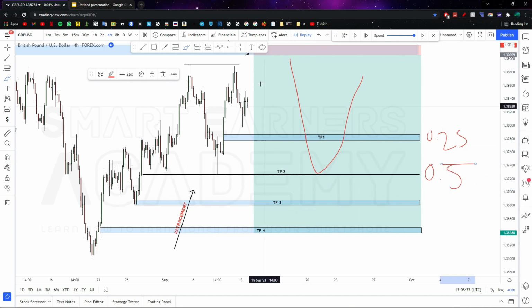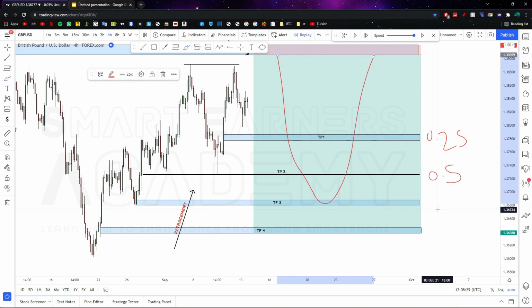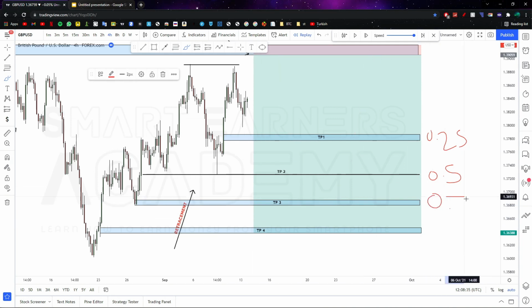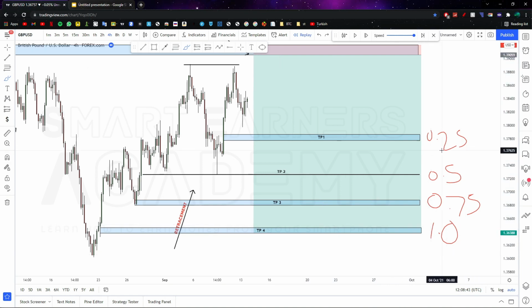And let's just say we saw reaction from all the way down here, we have already secured 0.75 of our trade, and if we saw reaction from over here, we have already secured all of the profits from our trade, right? So by doing this, we are securing a minimum of 0.25 profits if the trade does show reaction from over here.